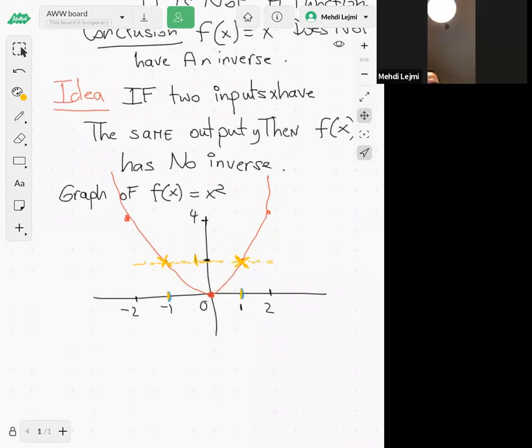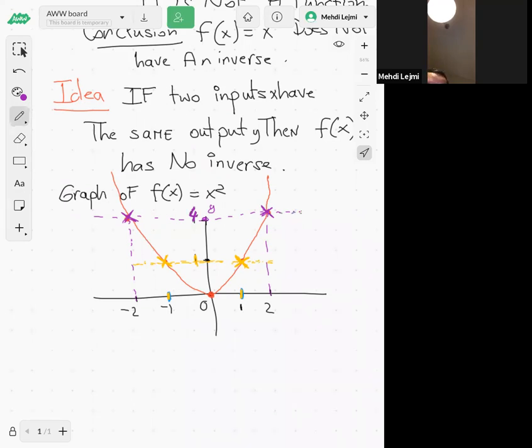Whenever you have a horizontal line, let's take this horizontal line, for example, where y is 4. This horizontal line intersects the graph at these 2 points, which means that 4 has two inputs, the -2 and +2. -2 squared and +2 squared are both equal to 4.